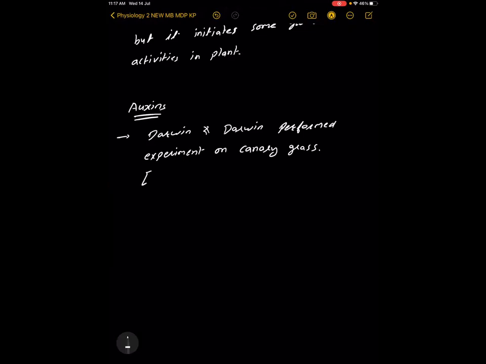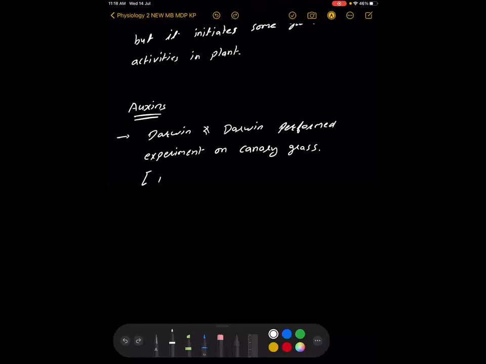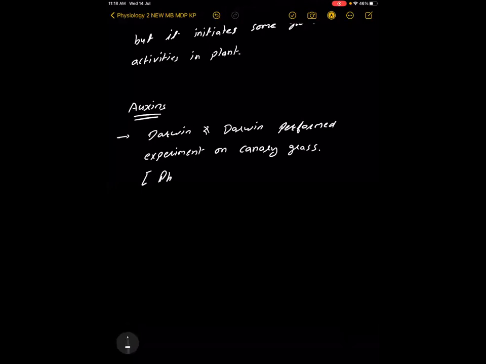The botanical name of canary grass is Phalaris canariensis. So they performed this experiment on canary grass.